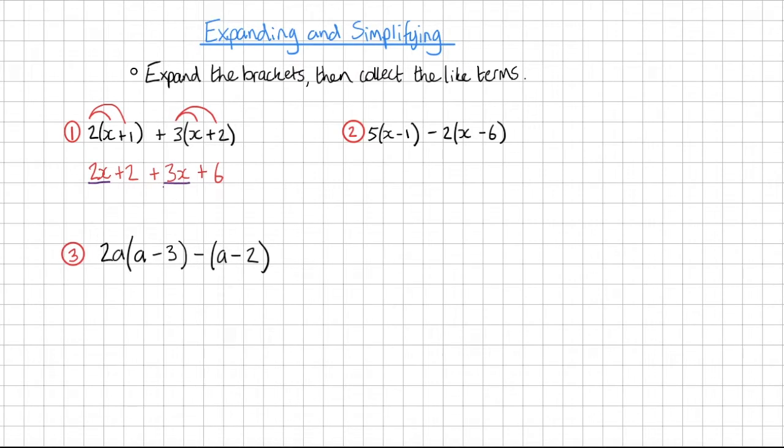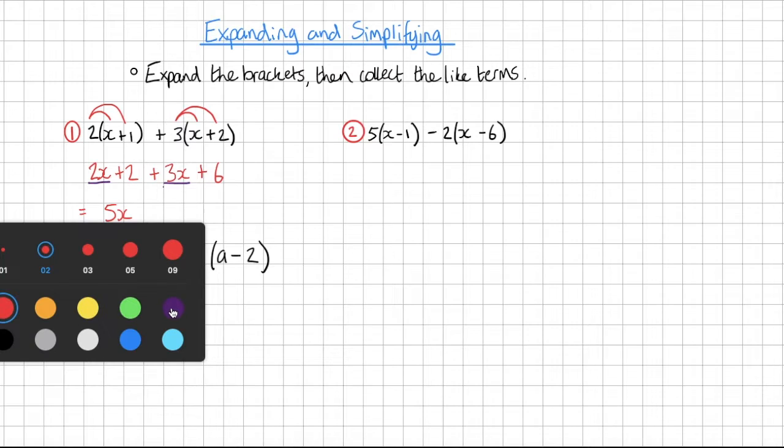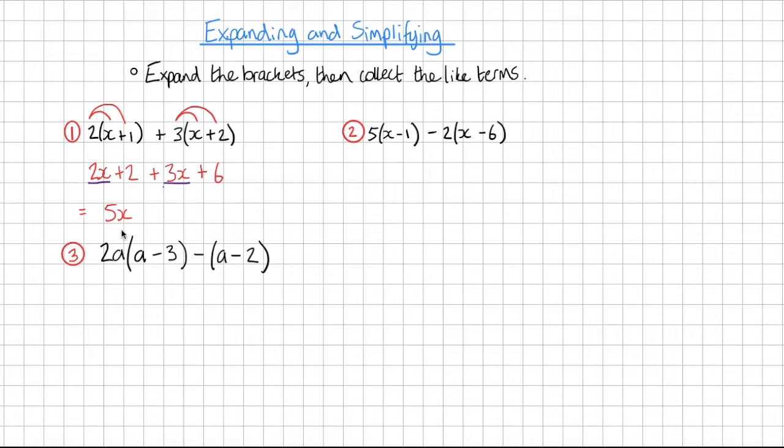So 2x and 3x are like terms, so that makes 5x. And then I've got some constants here, some numbers that are by themselves without variables, positive 2 and positive 6. So they add together to make 8. So my final answer here is 5x plus 8.